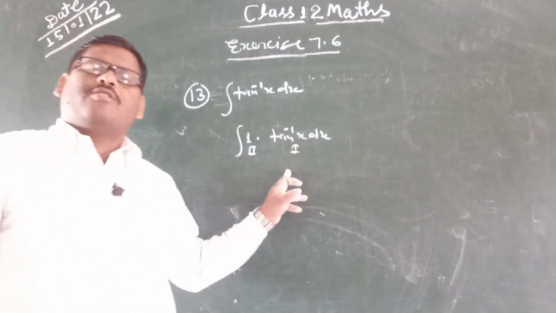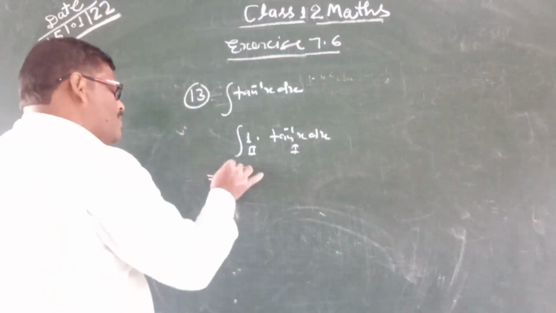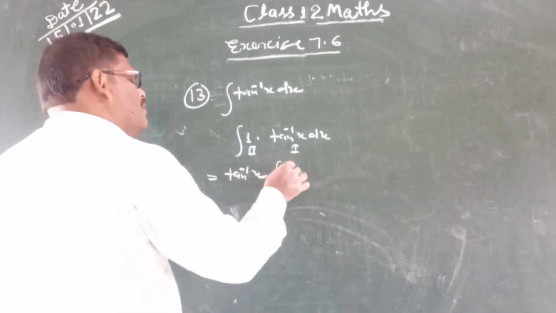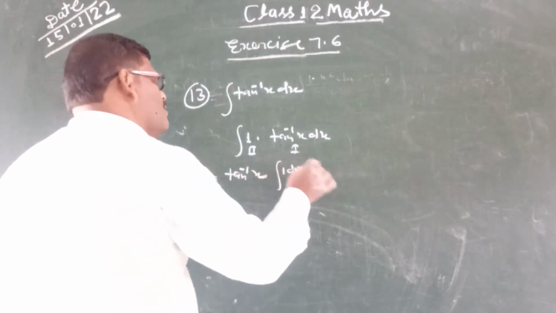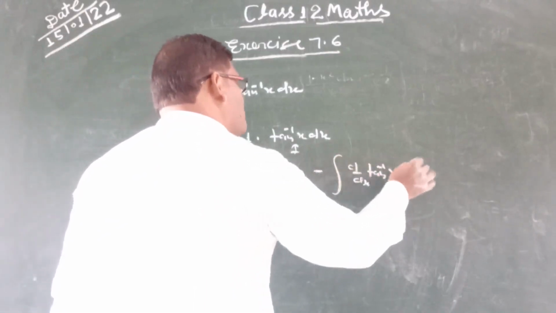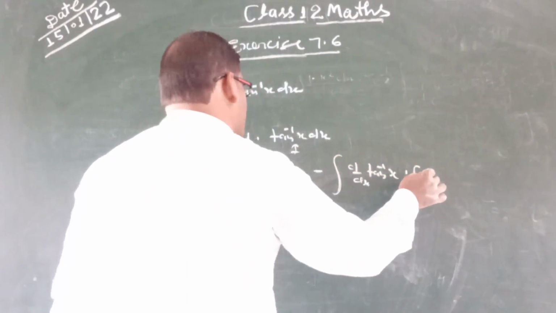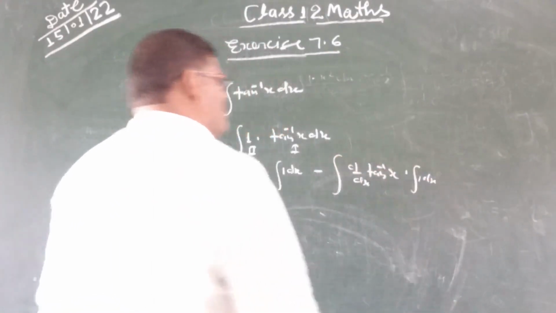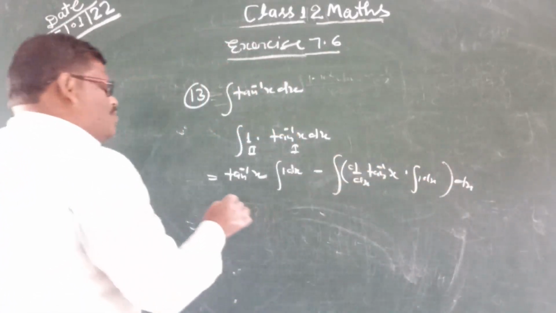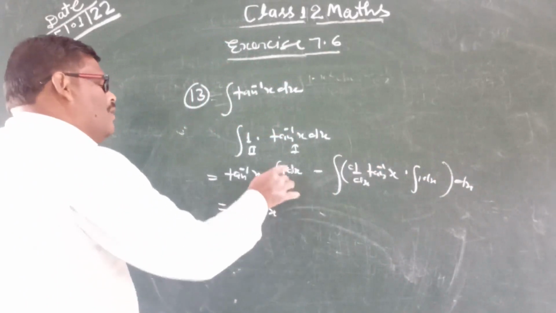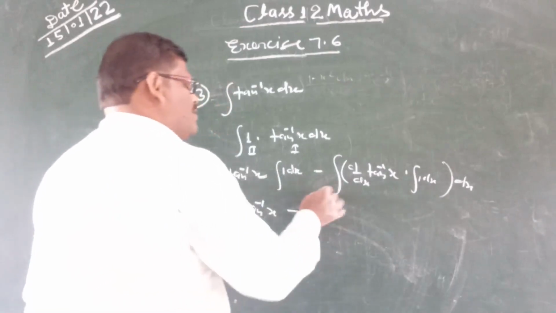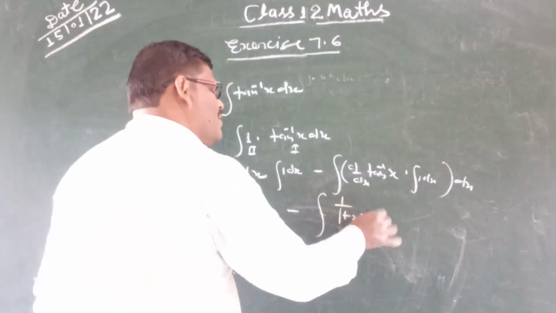By integration by parts: first function tan inverse x times integration of second, that is 1 dx, minus integration of d/dx of first, that is 1 upon 1 plus x square, multiplied to integration of second, x, dx.